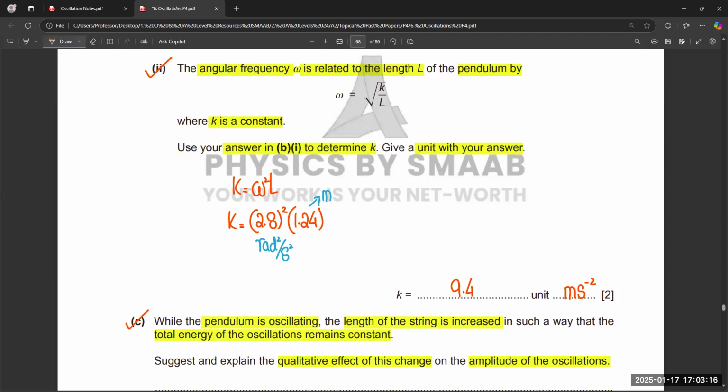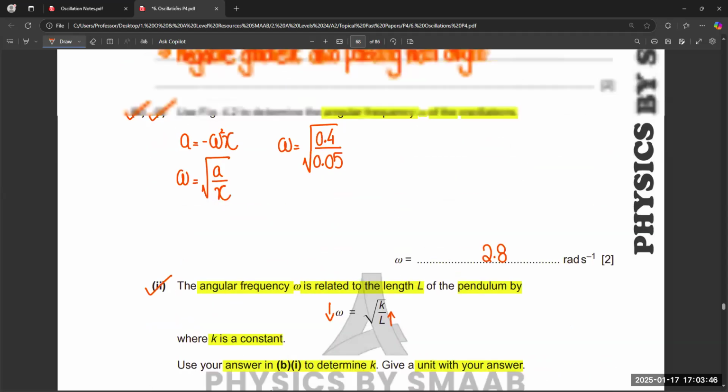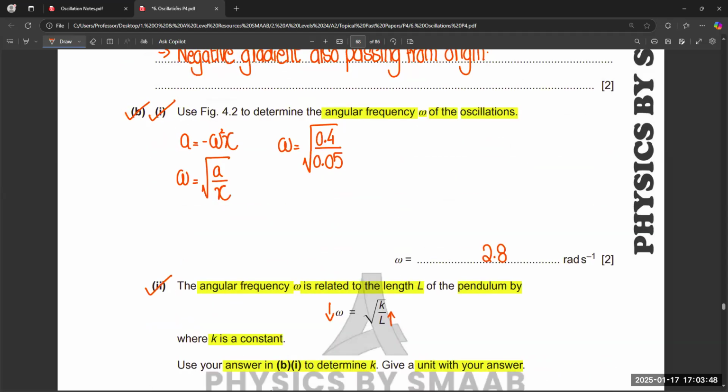From this formula, you can identify it very easily. If the length is increased in such a way that total energy remains constant, then because of the proportionality, if length increases, angular frequency will decrease, and if angular frequency decreases, that means the amplitude will also decrease.